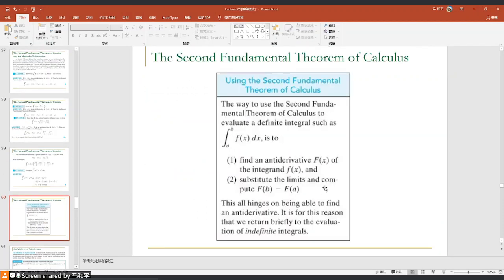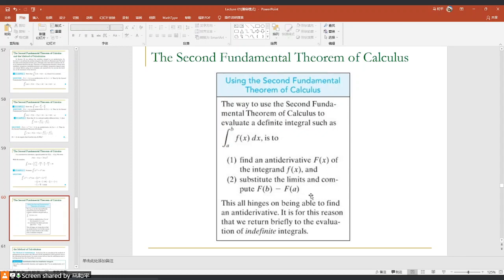Okay. And then using the second fundamental theorem of calculus. The way to use the second fundamental theorem of calculus is to evaluate a definite integral: first, we should find an antiderivative F(x) of the integrand f(x). Substitute the limits and compute F(b) minus F(a).